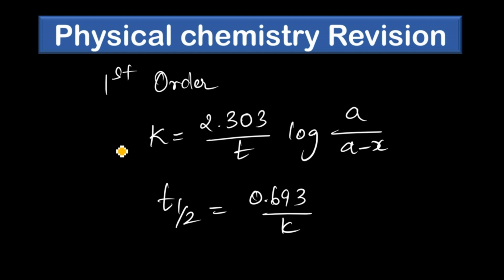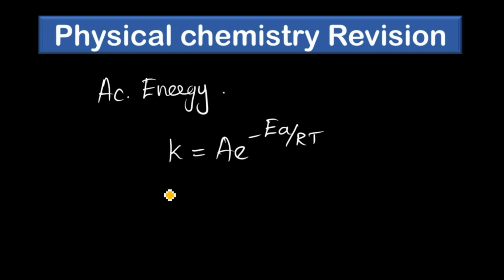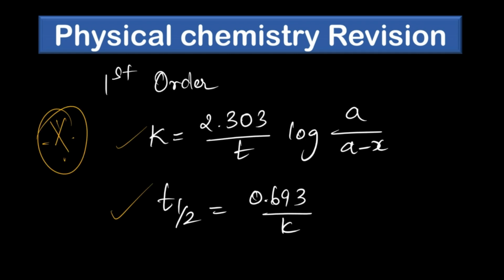First order reaction, k and t half are given. First order reaction is super important among these orders of reaction. Then activation energy. One more thing I want to tell you, that is the unit of order of the reactions.